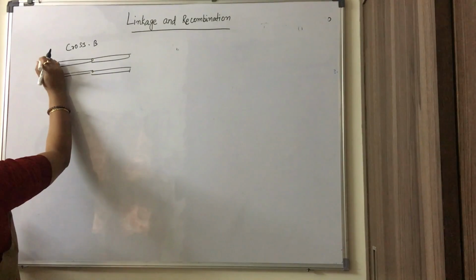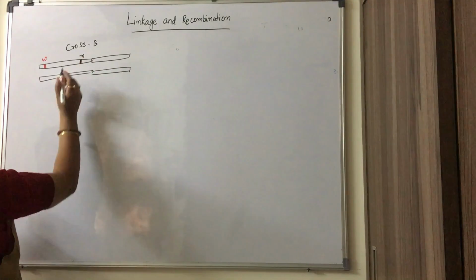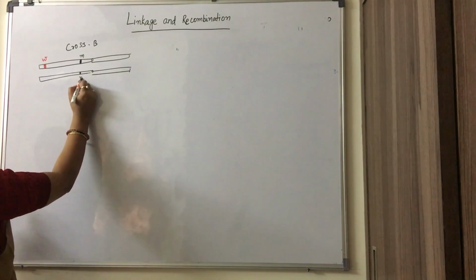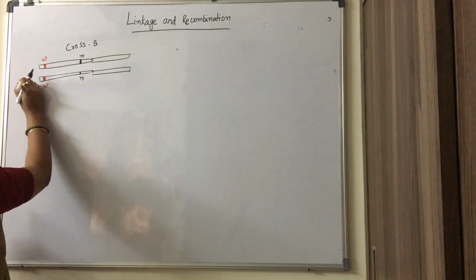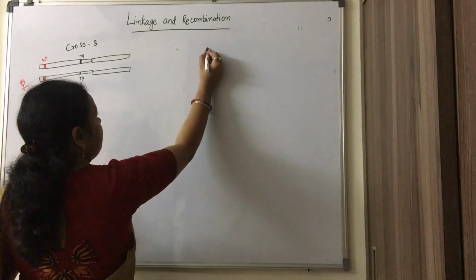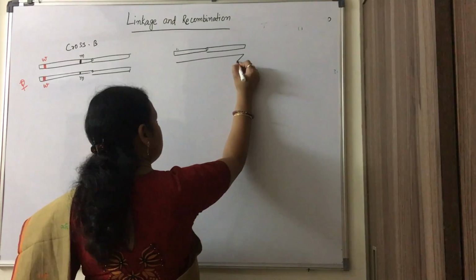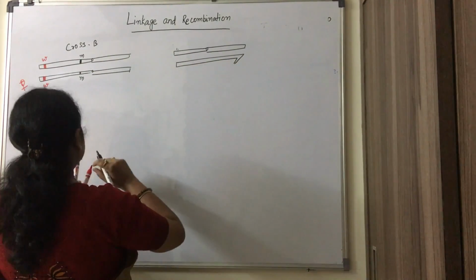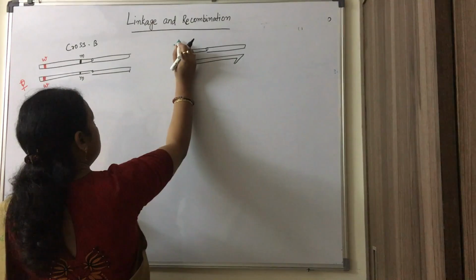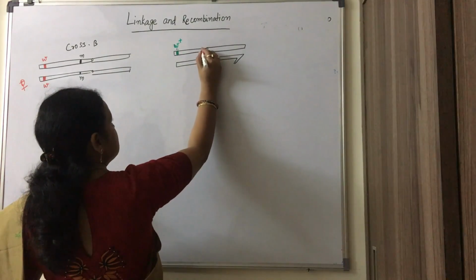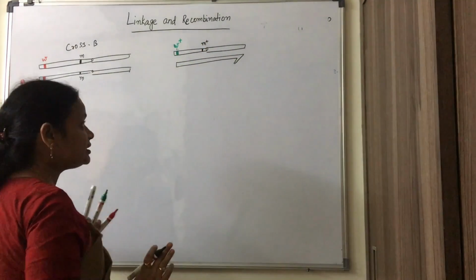Suppose this is the W gene and this is another gene, that is the miniature wing gene. So you can see the distance between these two genes. This was taken as the female. Now if I make a cross like this, the process will be the same, but the frequency of the result is different. This is W plus and this is M plus. Again these genes are located on the X chromosome.